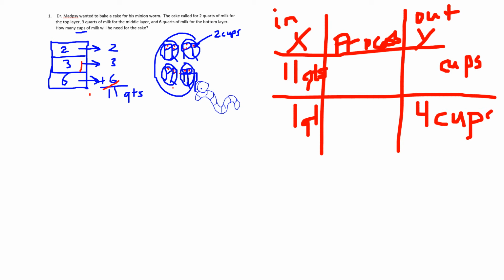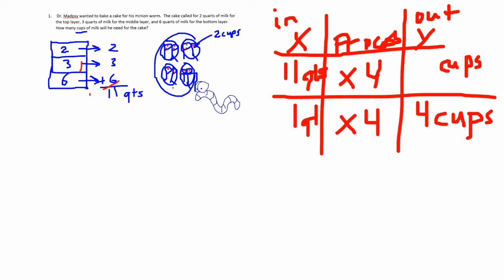Now, if that's the case, what do I have to do to get from 1 to 4? As you can see, the multiplication process to get from 1 to 4 is times 4. If it's that way for 1 quart, then if you have 11 quarts, you're also going to multiply it times 4, which is going to give us the total number of cups.